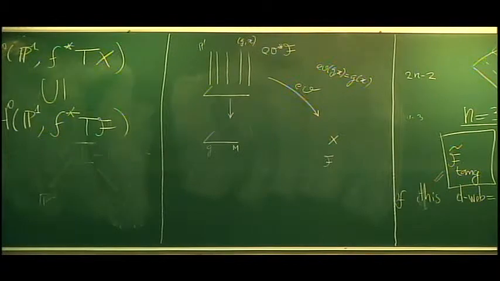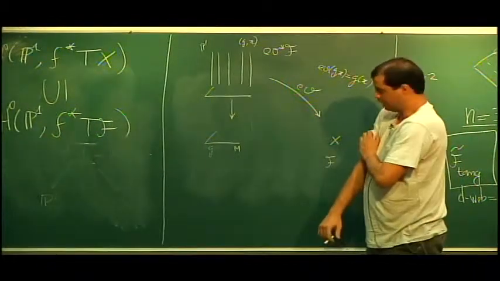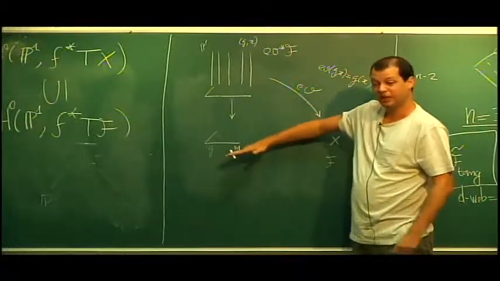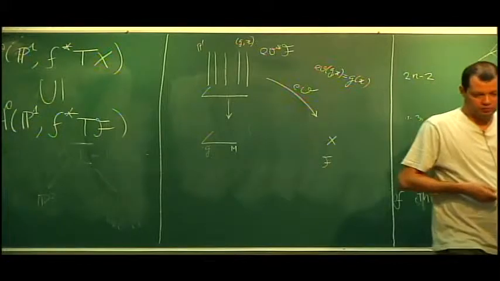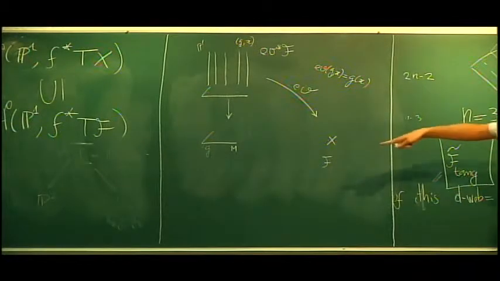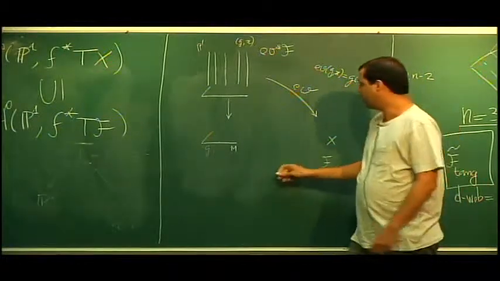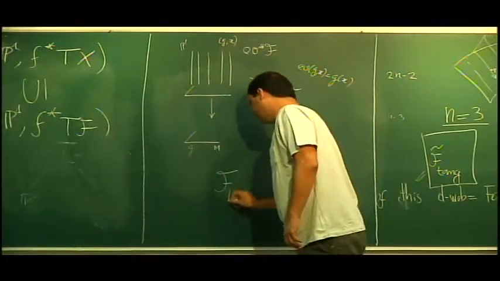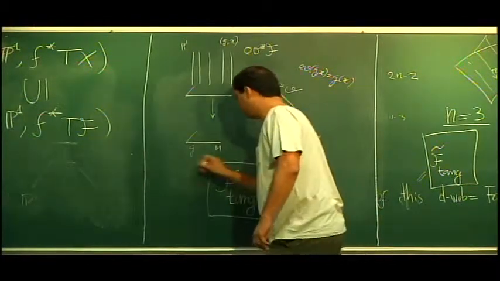So we pull back our foliation, I have a codimension 1 foliation here. And we can just try to take the direct image of this foliation. Again, we are going to have a web, we can look at the axis, and we have the same thing. So this is the foliation that we are going to call F-tang. This is the object that we want to look at.